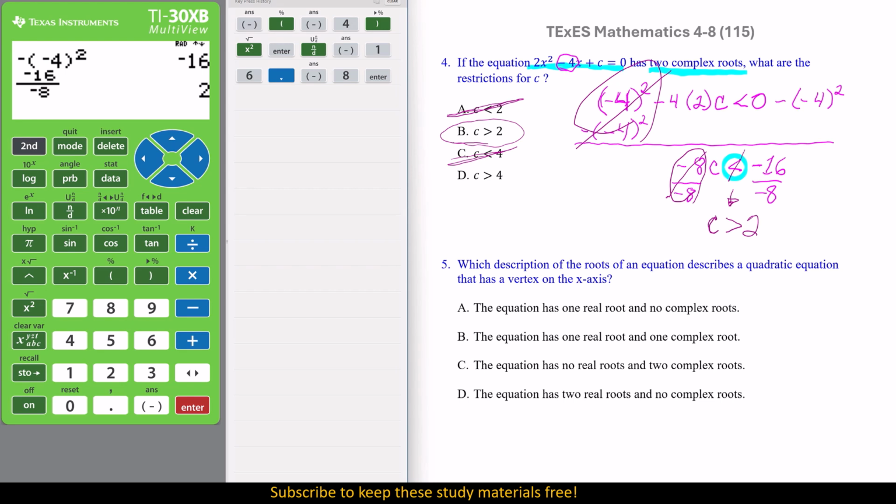Okay. All right. So let's look at number 5. Which description of the roots of an equation describes a quadratic equation that has a vertex on the x-axis? First, we need to be logical. I'm just going to quickly draw the grid, like a little coordinate. There's my origin.